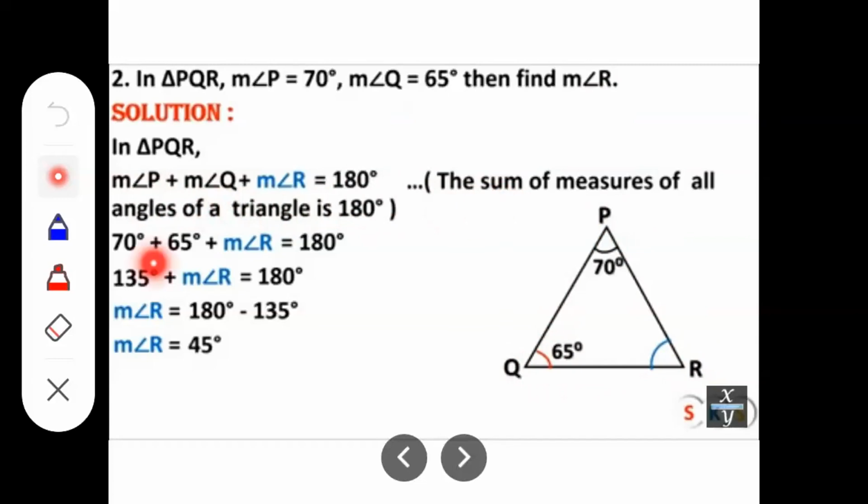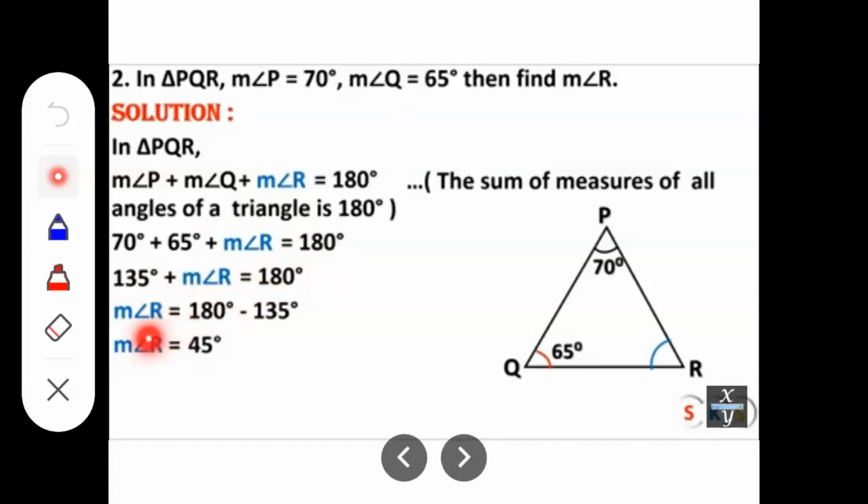Okay, now put up the values. Angle P is given 70 degree, Q is given 65 degree, and we have to find measurement of angle R. So as it is, you will write it equal to 180 degree. And by the calculation, here the total is 135 degree plus, continue the step here.